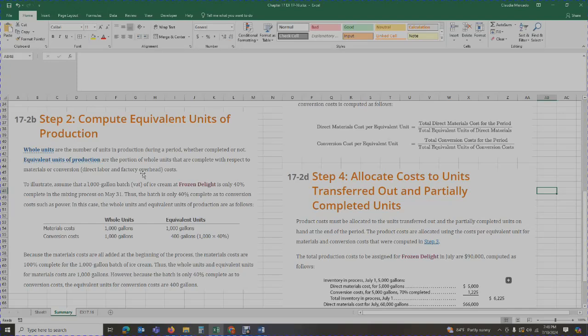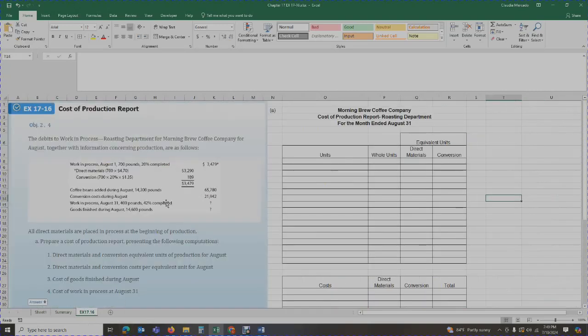That varies dependent on when the actual manufacturing process was complete. So here your materials make up $3,290. Your conversion cost, a combination of your labor and your overhead, is $189, and that gives you $3,479.